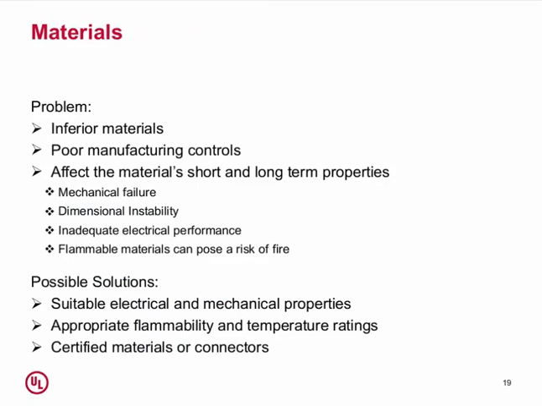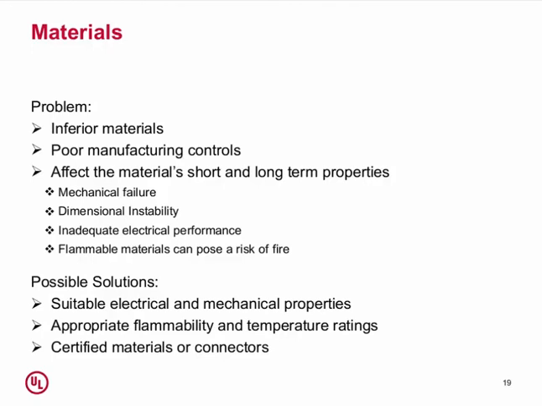The last thing is materials, the materials of the plug itself. Inferior materials could result in dimensional instability and flammability issues. Poor manufacturing controls, such as not processing the materials properly, or having the molding equipment old, outdated, beyond its useful life, things like that, affect the materials in making a jack.